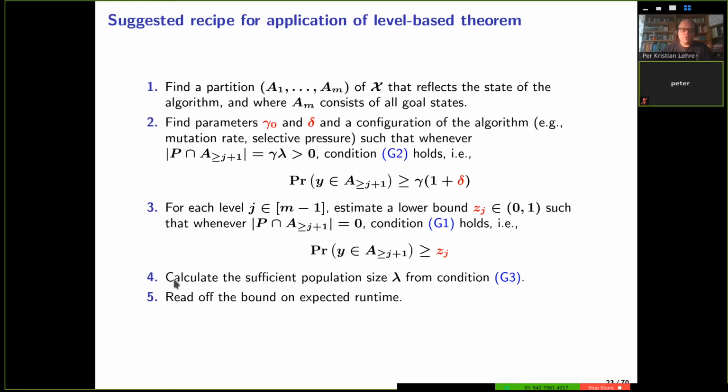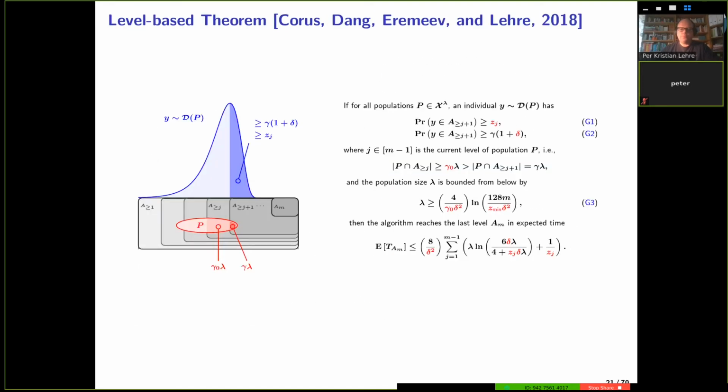Then, given these parameters gamma naught, delta, zj, you can compute how big a population size you need. As I said, usually it suffices with something like log n population size. And then the final step is just to plug all of these parameters into this expression here to obtain the upper bound on the runtime.